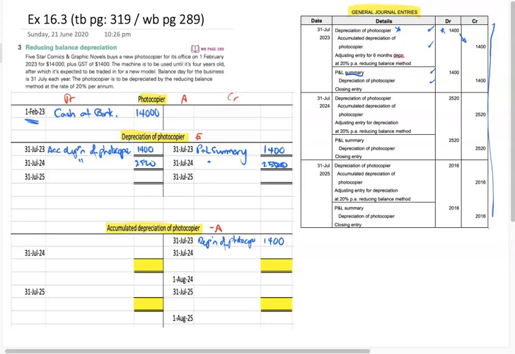And then we're also going to then do the information for our accumulated depreciation of photocopier, which is 2,520. And again, our cross-reference is depreciation of photocopier. And I'll come back to this one in a second.